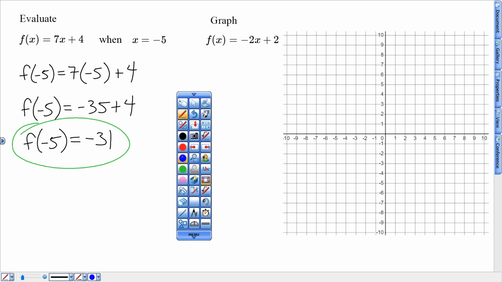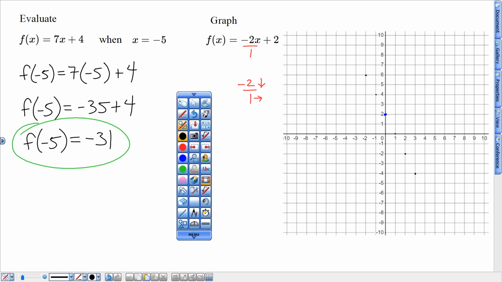Graphing 0, 2. That's my y-intercept. This one has a slope of -2 over 1. That means right 1, down 2, right 1, down 2, and so on, left 1, up 2, left 1, up 2.